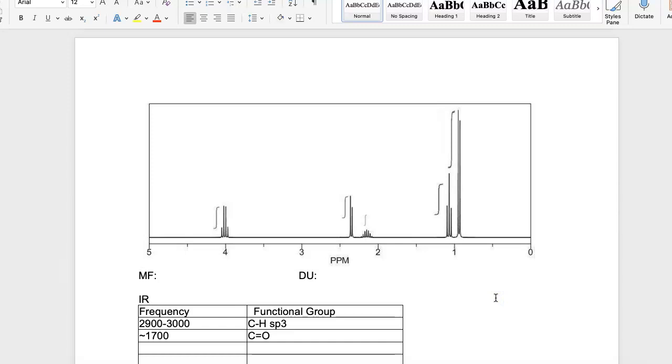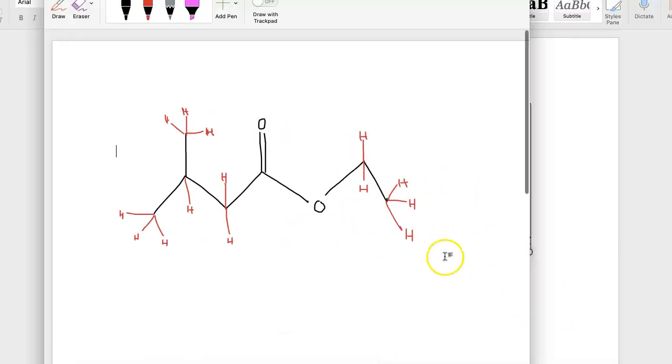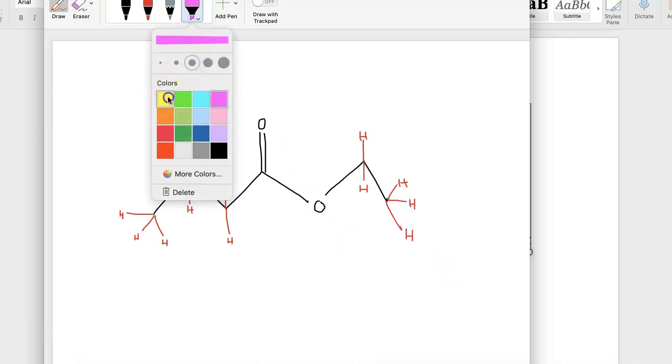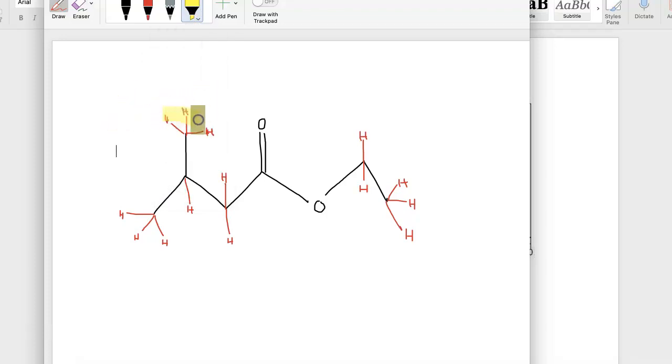So I'm just going to pull up what I believe this structure is so I can show you exactly what I'm talking about. If we look, this group of hydrogens and this group of hydrogens here are identical. They're attached to this carbon, and they're 2 carbons away from this double bond of oxygen.